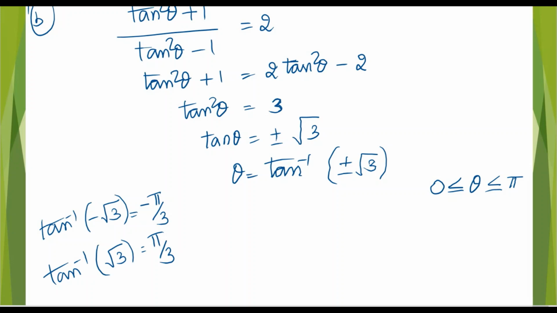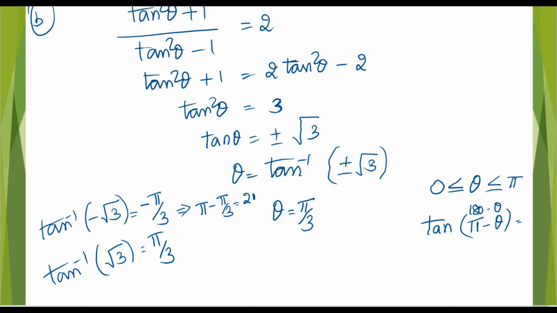So we have to find the possible solutions. The first value, minus pi over 3, is not within the range, so you have to ignore that answer. The next answer is pi over 3. This is within the range. And we have to check if any other possible values are there within that range. From this you will get pi minus pi over 3 equal to 2 pi by 3.